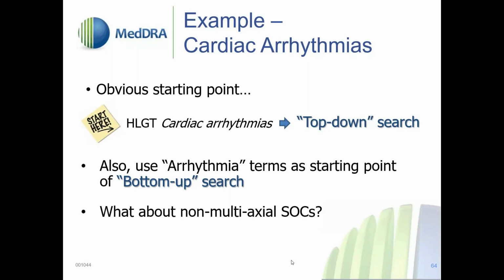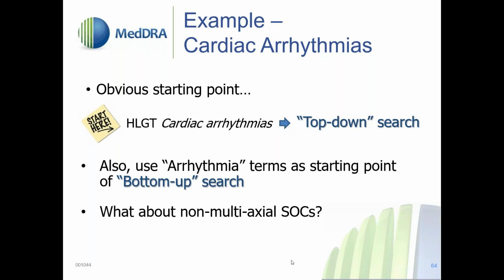So this is just an example of how a query should be built, and we just follow that approach. So we can look top down, starting from the SOC, going through the HLTs which are important, then bottom up to also see whether there is already an SMQ.